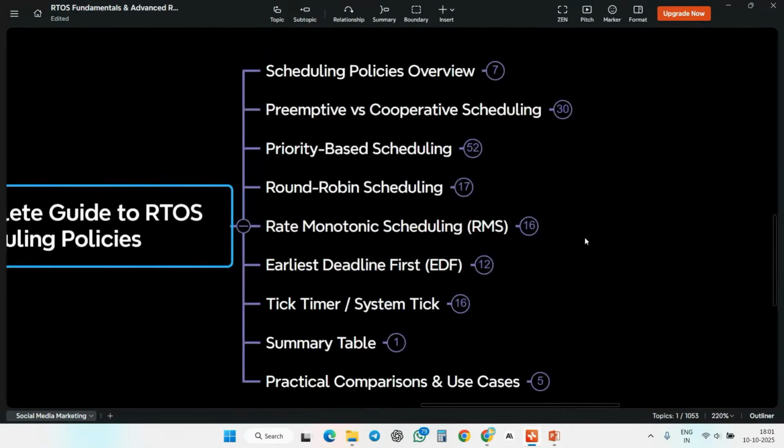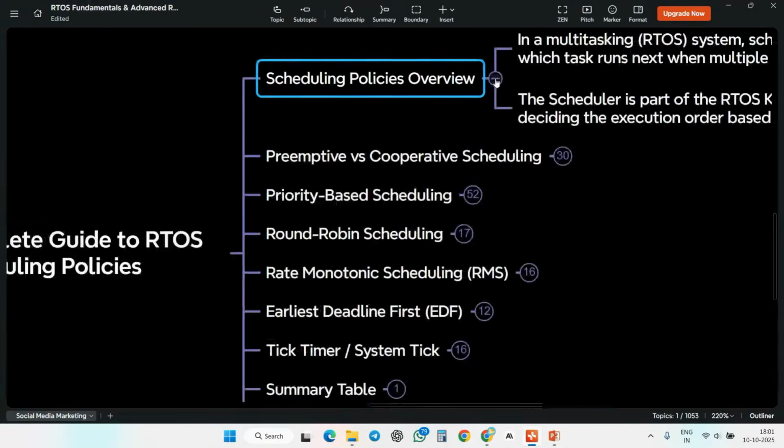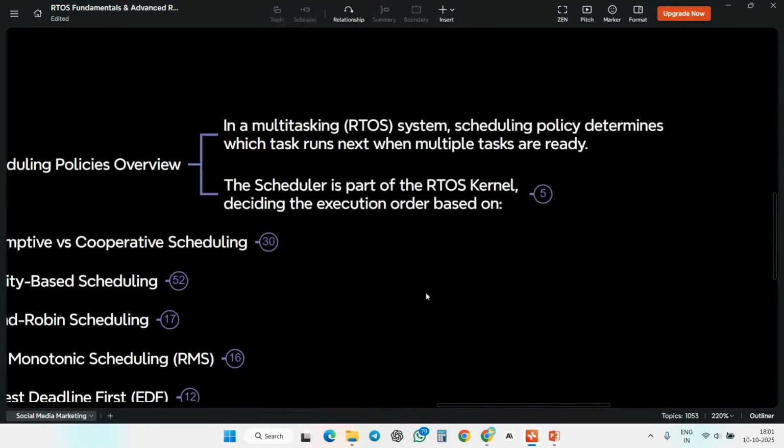First of all, scheduling policies overview. How do the scheduling policies actually happen? In a multitasking RTOS system, scheduling policies determine which task runs next when multiple tasks are ready.